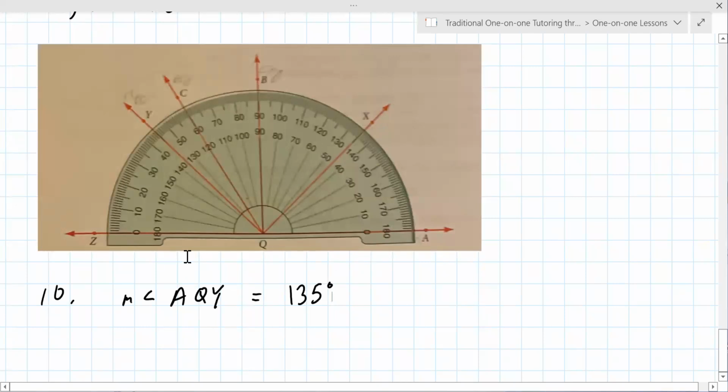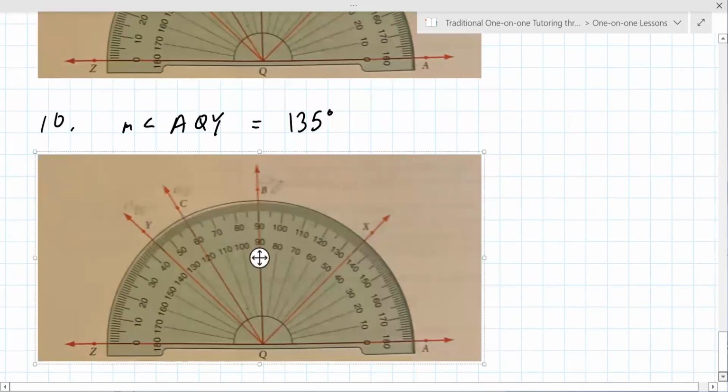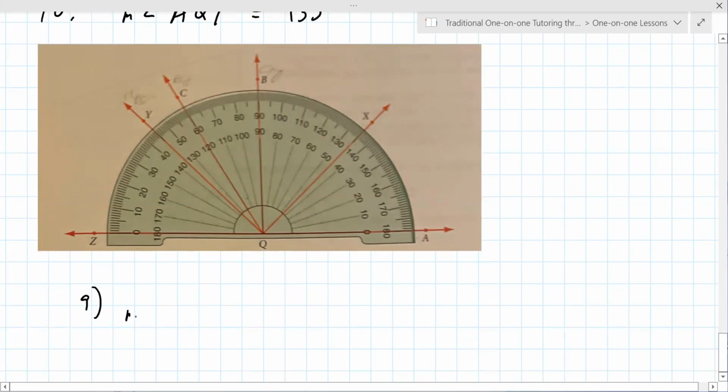Perfect. Okay, so now let's go back and we'll look at number 9. We'll do it together here. So number nine is the measure of angle XQA. So you got to start with X, that first letter. There's X, there's Q, and there's A. So this is an acute angle.